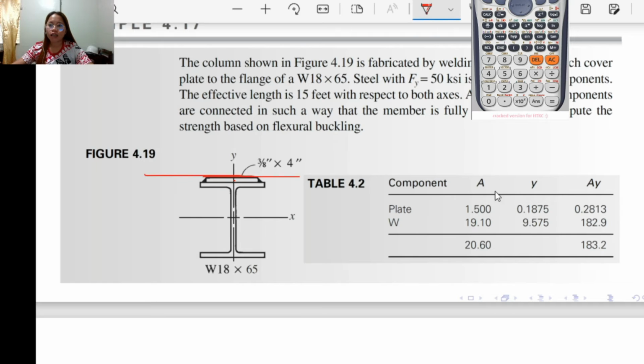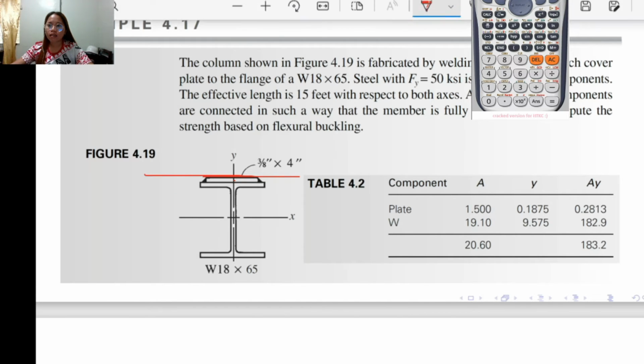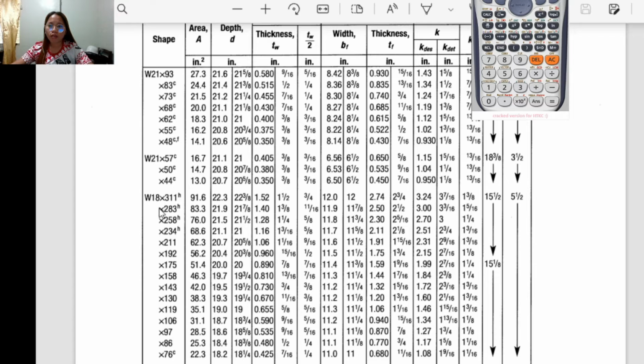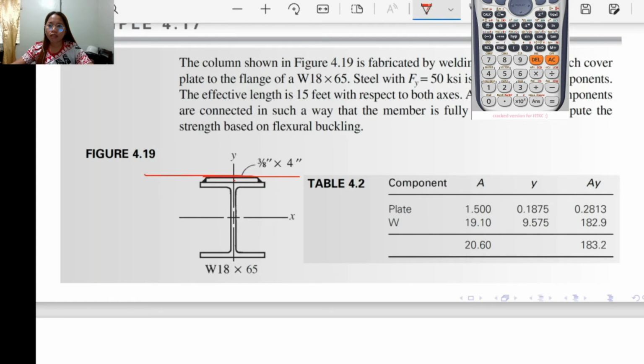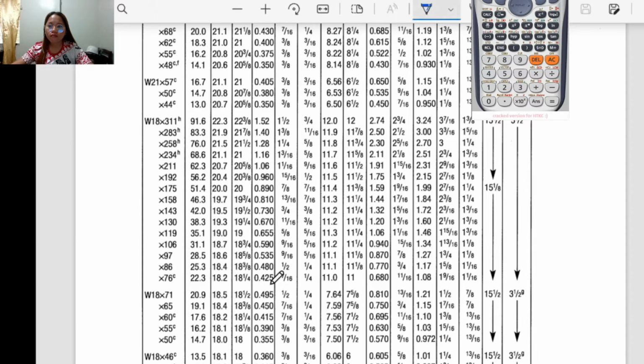For the wide flange, it is from this reference to the centroid of the wide flange. So, how much is the centroid here? It is half of the depth. If we look at the table, this is W18x65. The depth of W18x65 is 18.4.